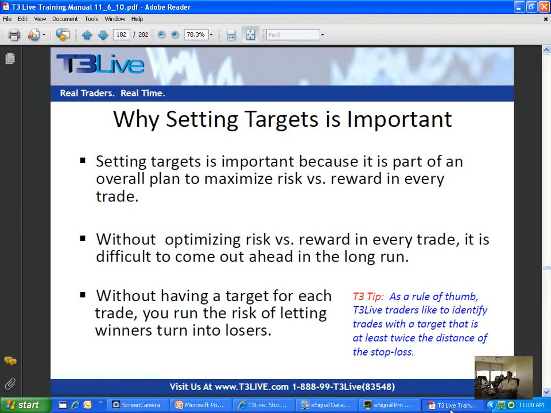Now, there are different ways to measure or determine targets. We've talked about the chart pattern way, which is where a pattern has a predetermined distance, and that distance should then repeat itself in its outcome. We talked about Fib extensions yesterday. We briefly touched on Fibonacci extensions and using that tool to measure distance.